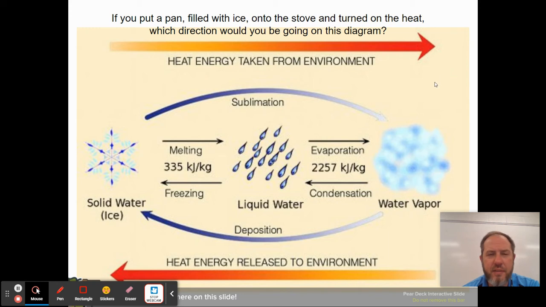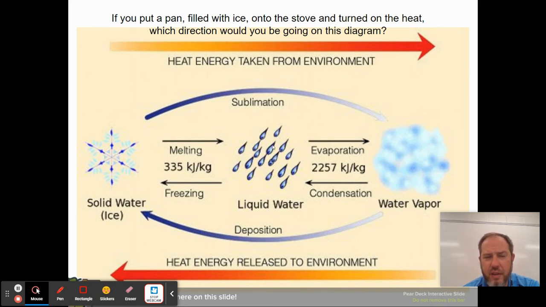If we're given this process, this is an illustration of the phase changes of water. You have solid water over here on the left, and when that heats up to the melting point, if heat is continuously added, then it melts and forms the liquid phase. When it goes from the solid phase to the liquid phase, we call that melting, and the reverse of that process is freezing.